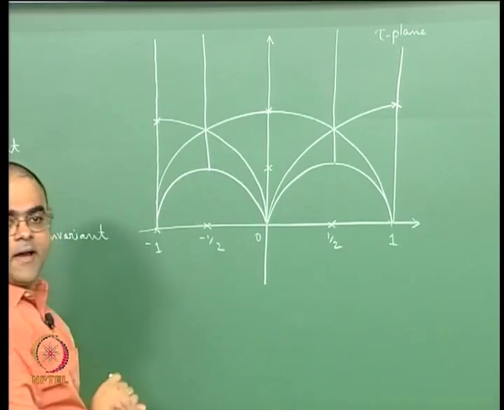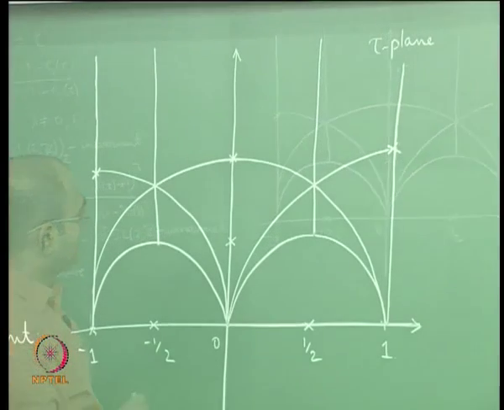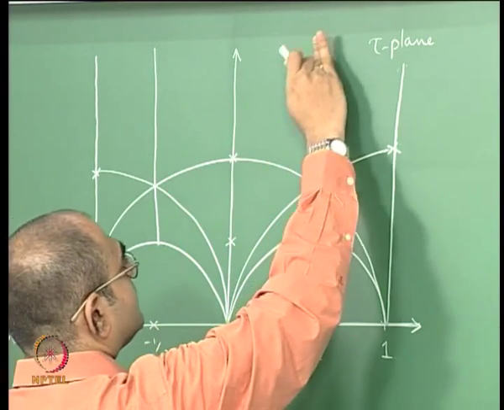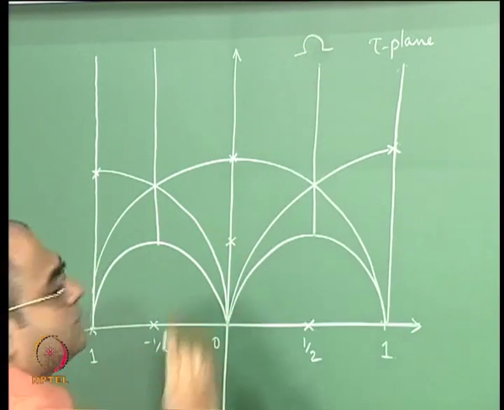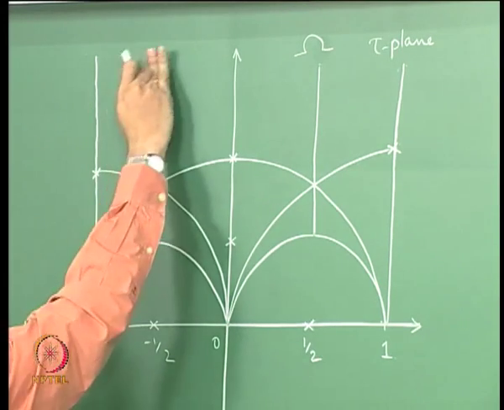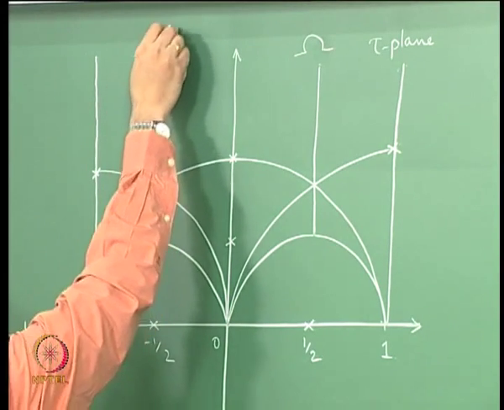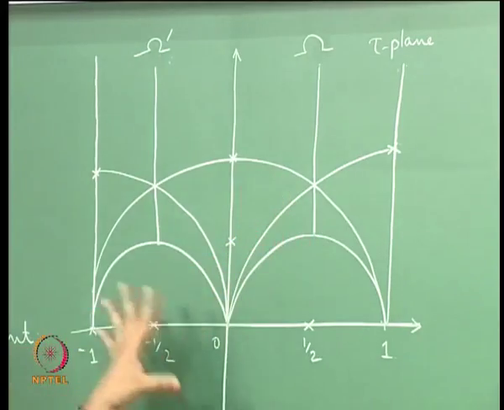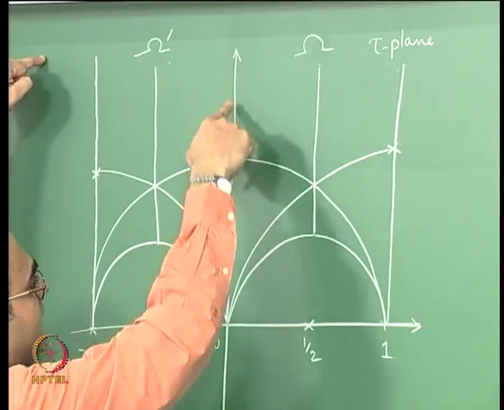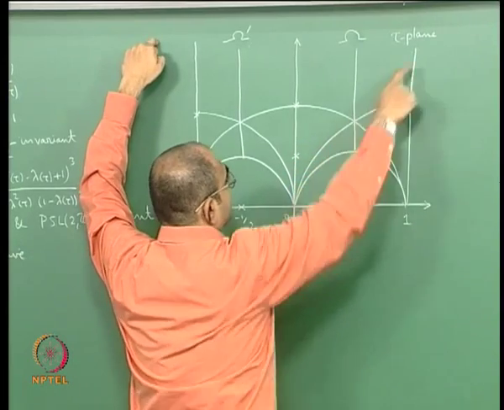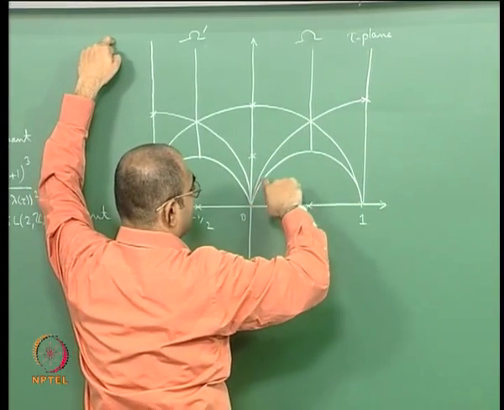Okay, and you see this whole region was called omega, and this region was called omega prime. Because I am going to write several things on this diagram, let me explain. Omega is the interior of the region bounded by this line and this semicircle.